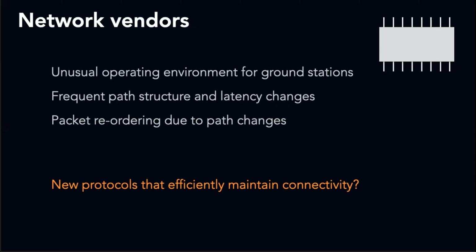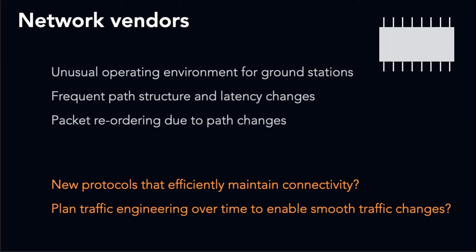One could imagine designing new protocols that maintain connectivity efficiently, taking into account all the routing updates that are happening on the network. One can use knowledge that's typically not available in networking. In this case, you know quite far in advance what the changes of the network are going to be, except in cases of failure. So the motion-based changes are predictable and known, and those could be used to enhance the efficiency of such protocols.